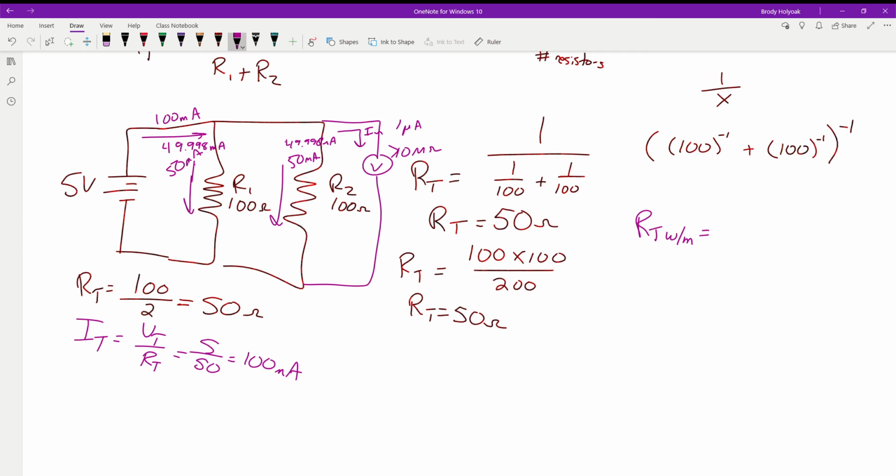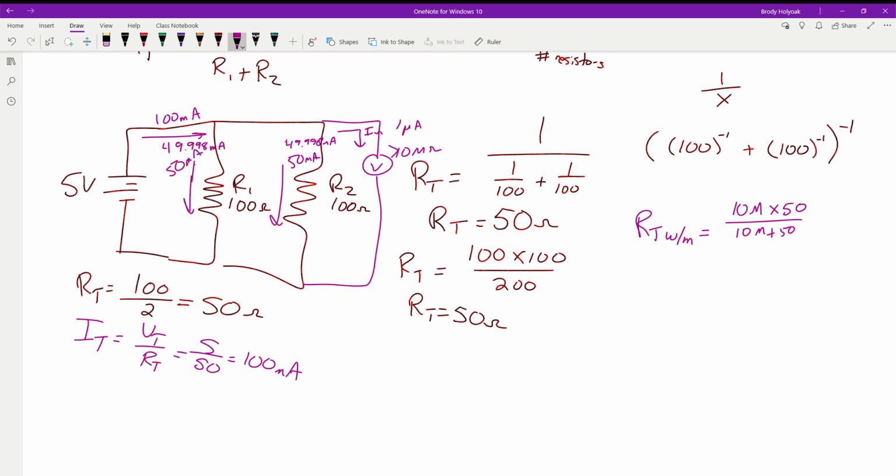Either method you can do. 10 meg, yes. What does that value come out to be? 49.9999999, probably goes out for, yeah.